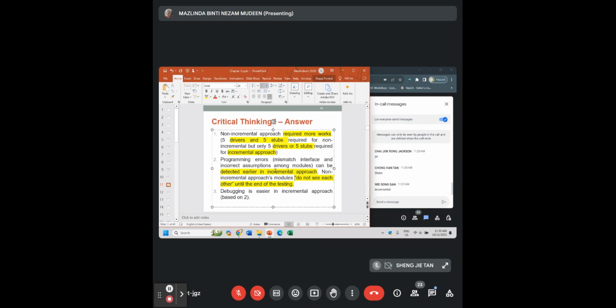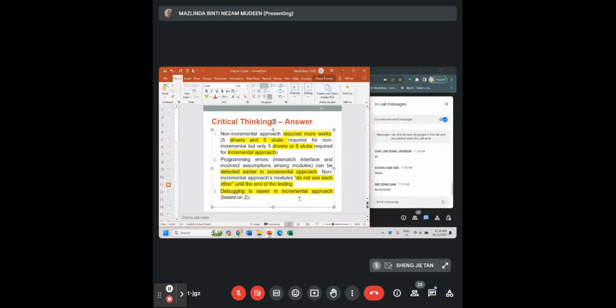Okay, so due to this point, debugging activity is actually easier in incremental approach compared to non-incremental approach, because in incremental approach we are able to detect the programming errors earlier in a small integration between two modules, between three modules, not as a complete system yet, so the debugging process is much easier.